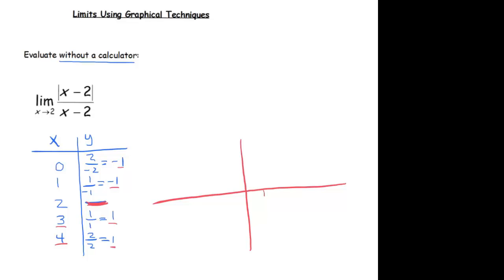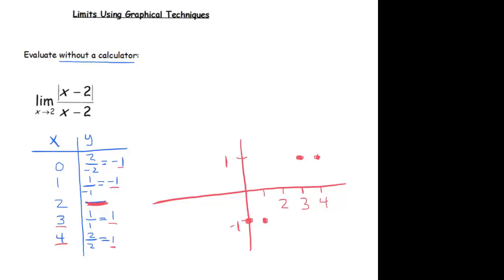Here's 2. And if we plot our points, at 0 we get negative 1, at 1 we get negative 1. At 2 we know we can't plot. At 3 we get 1. At 4 we get 1.